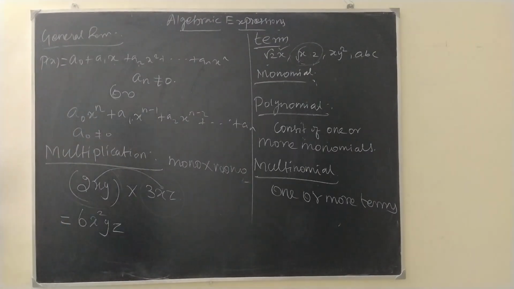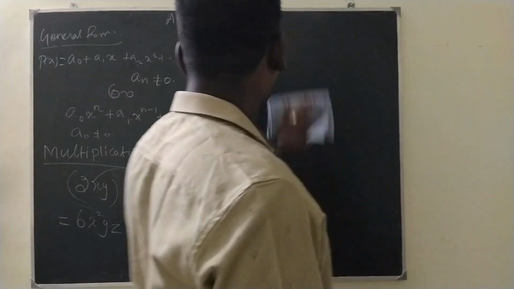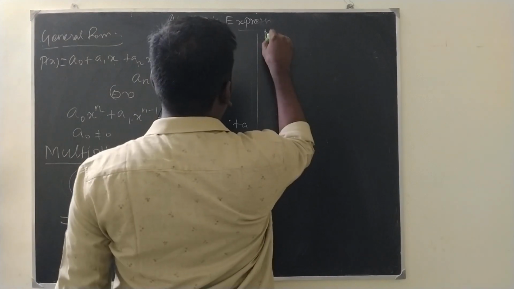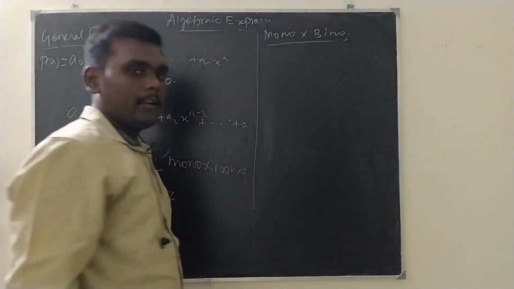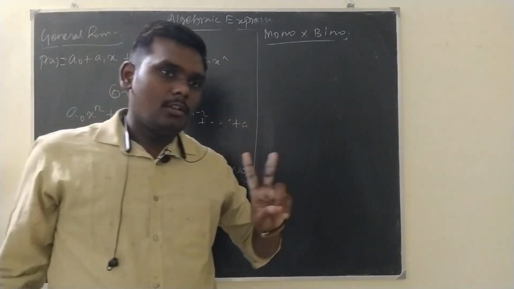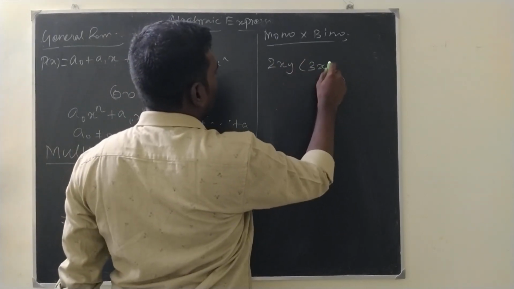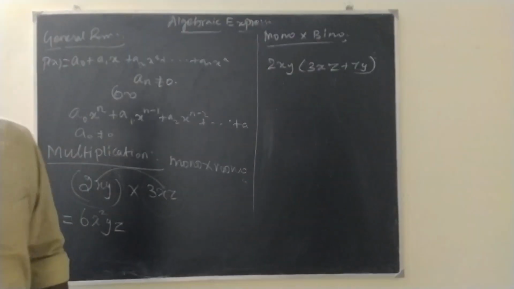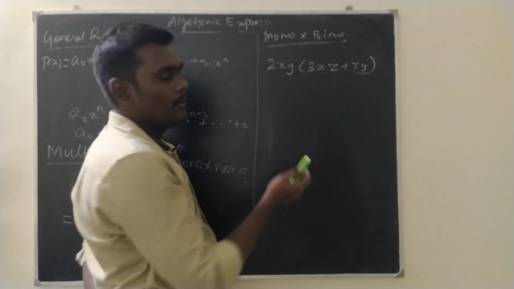That is how we should multiply two monomials. Now monomial into binomial, how do we multiply? It should be considered as two multiplications of monomials. Binomial means it consists of two terms: 2xy into 3xz plus 7y. So here, this should be considered as two things.